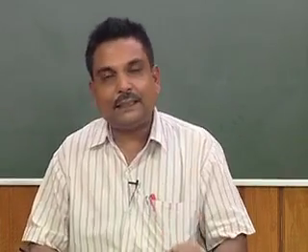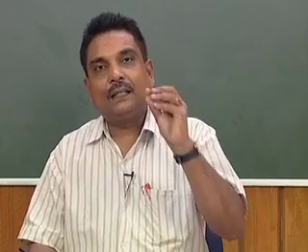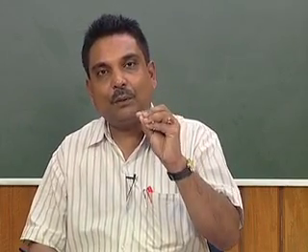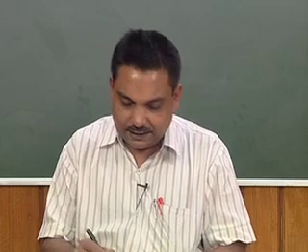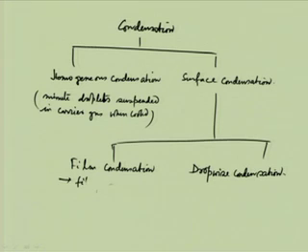This is called film condensation, and dropwise condensation means the condensate is formed in the form of drops. So, here there will be a film of condensate. Condensate means the liquid after condensation, and here, drops of condensate.